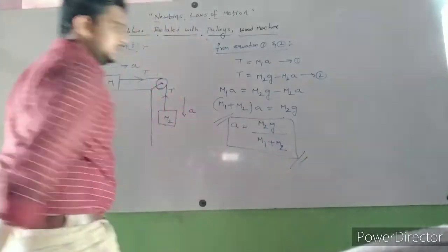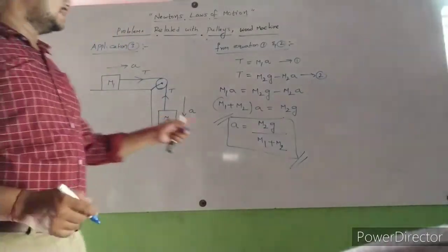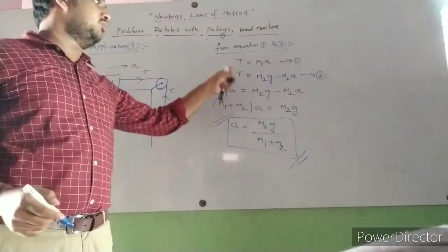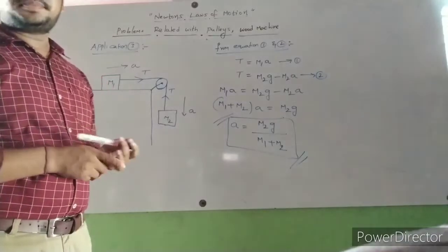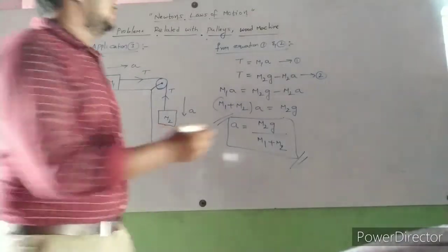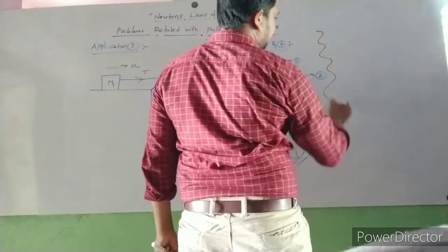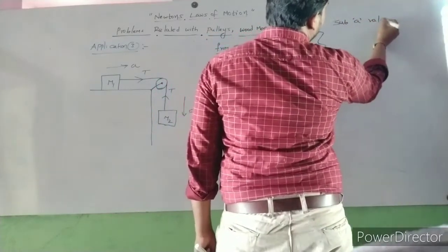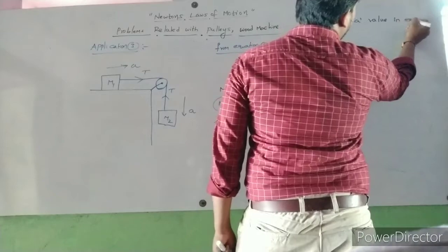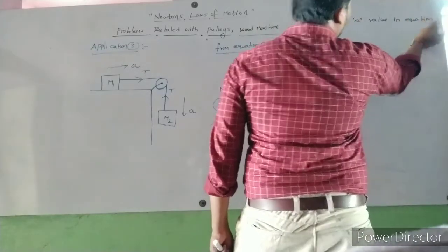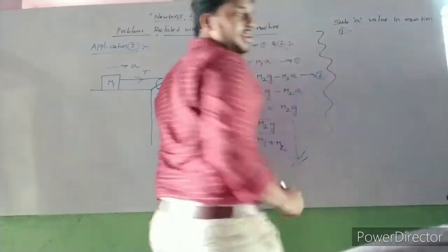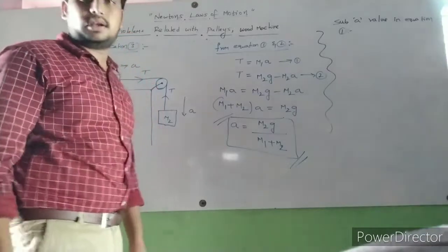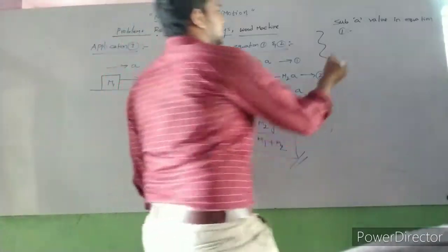We got acceleration. How to find the tension force? Substitute the acceleration value in equation 1 or equation 2. Substitute the acceleration A value in equation 1. So we get the tension force.